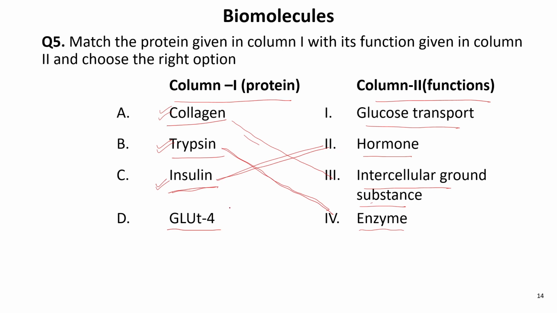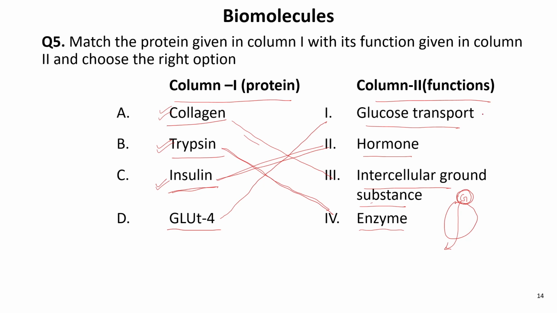So this is hormone. GLUT4, it is a protein that helps in the transport of glucose. In the earlier question, we have already discussed that it is a transmembrane protein that is having a receptor for the insulin. Now insulin encapsulate the glucose molecule and allow it to pass inside the cell.